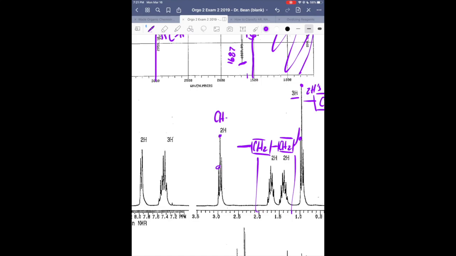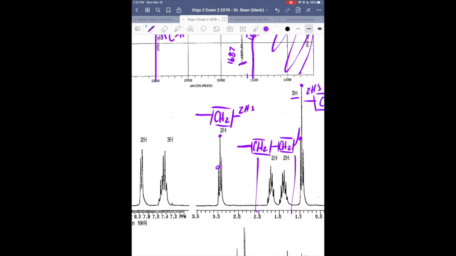And then let's look over to the 3.0 region. So how come this thing is so downfield in comparison to the others? There must be a reason as to why that is. And its splitting pattern is 3. So from one side, it should be connected to something that has how many protons? 2. That tells us, in the n+1 rule, that you have 2 protons adjacent.